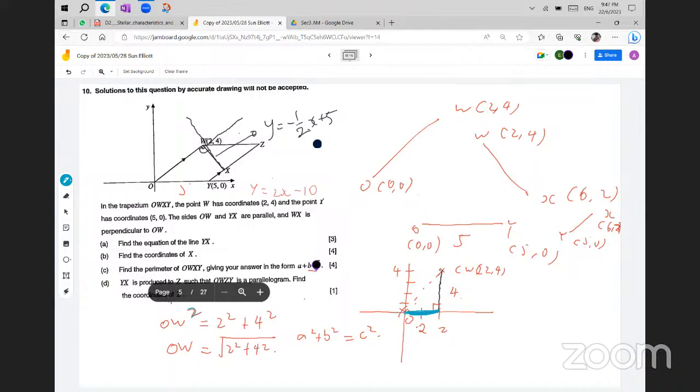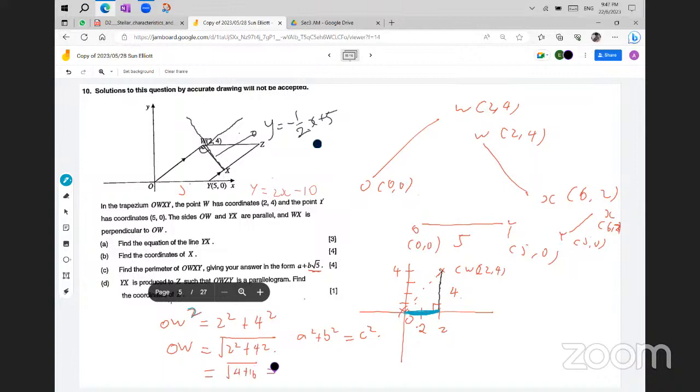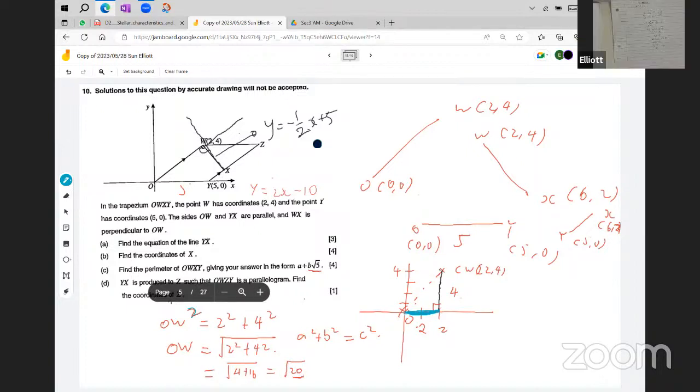Where the B square root 5 will come from later. So 4 plus 16 equals square root 20. Square root 20, if you remember in surds, do you think we can simplify this? How do we simplify it?